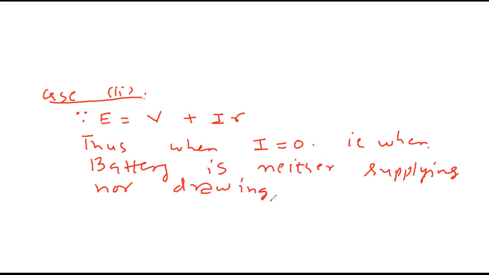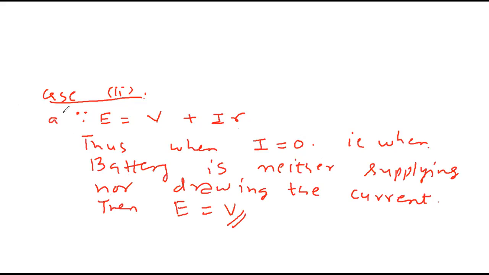Supply means to give, drawing means to take. Thus when I is 0, that is when battery is neither supplying nor drawing the current, then E will become V, because I is 0, and 0 into anything is 0.